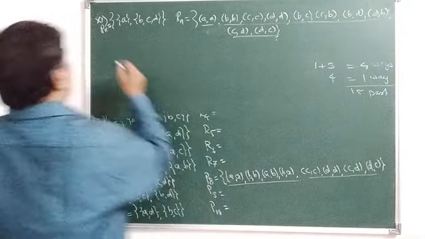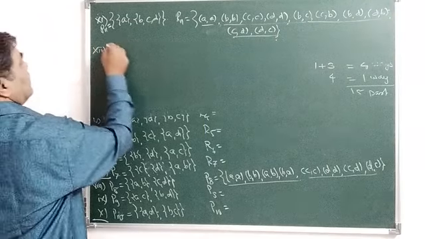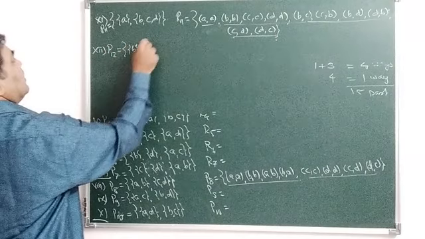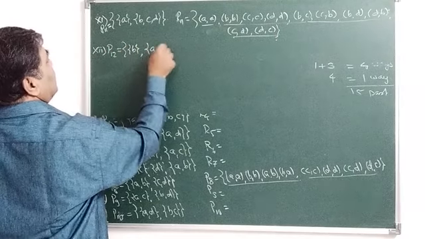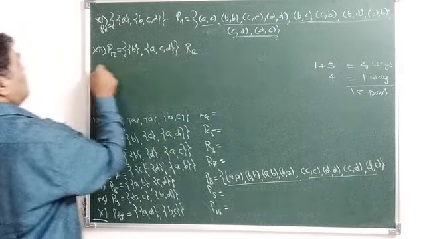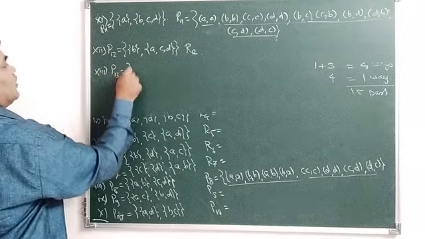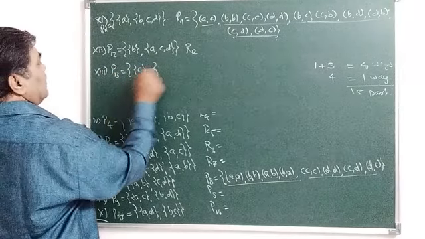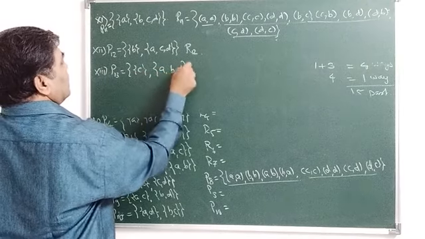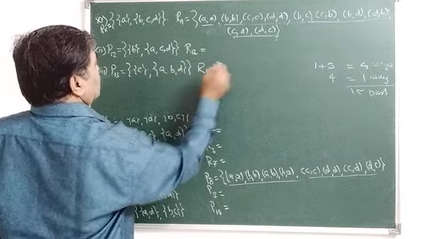Okay, then next one, 12. P12 is equal to singleton B, then ACD. We'll get R12. 13, P13 is equal to singleton C, then A, B, D. We'll get R13.